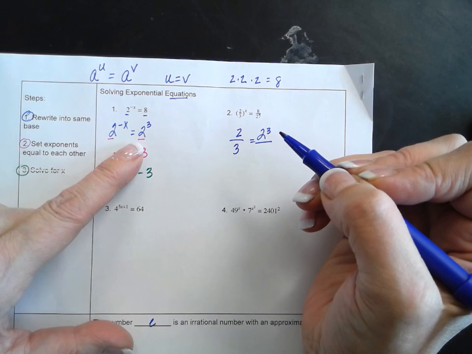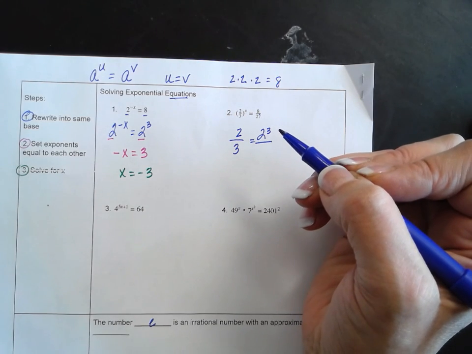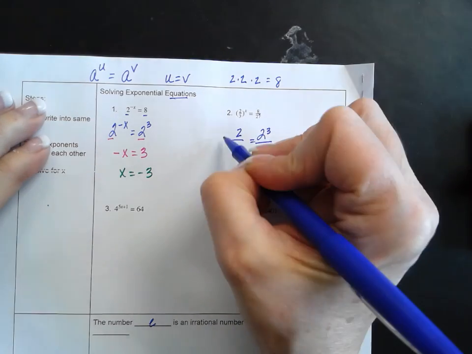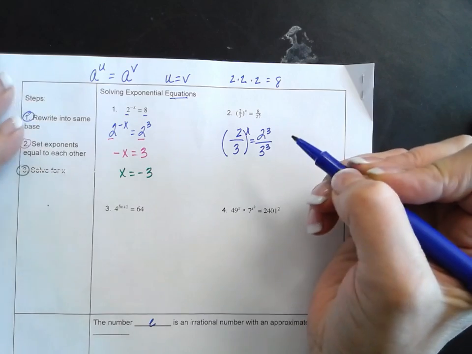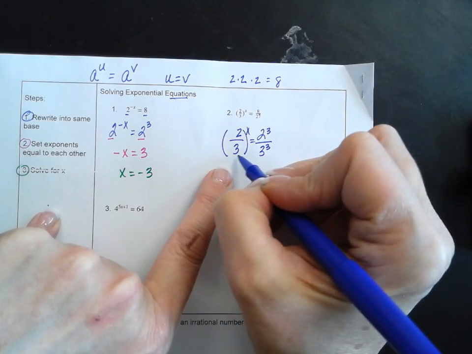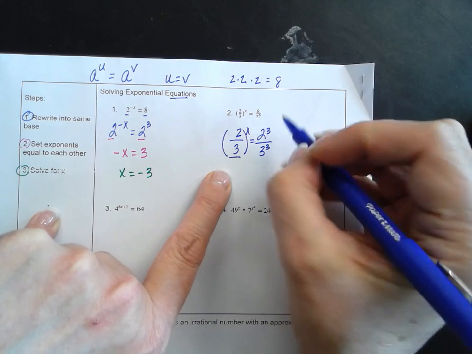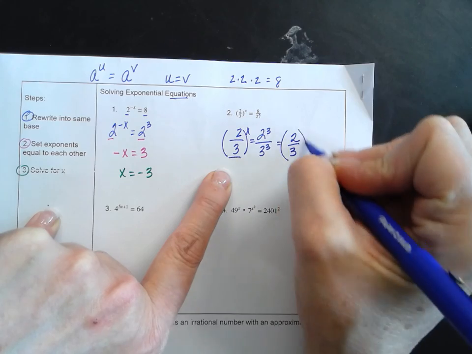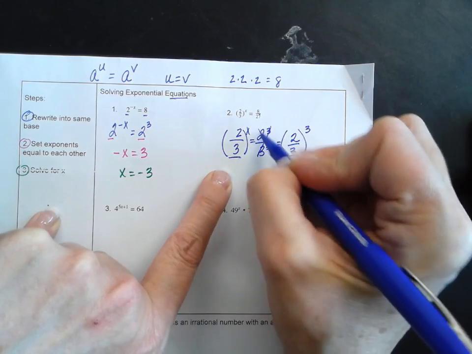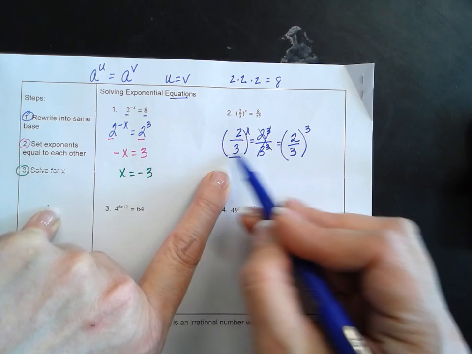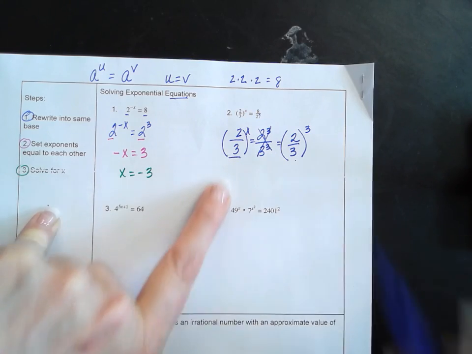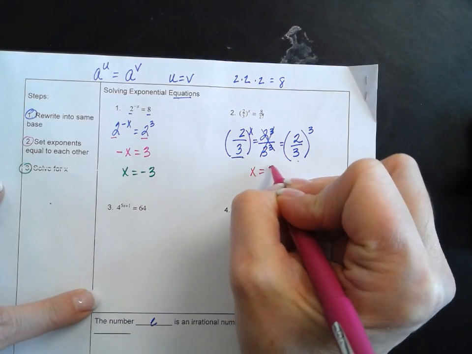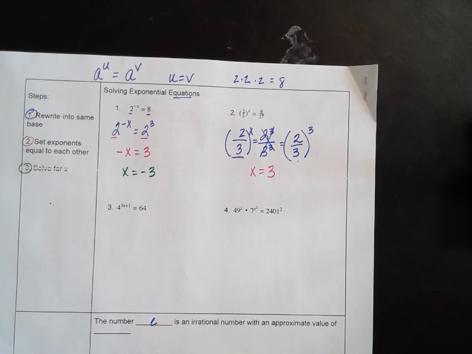How can I rewrite 27 with a base of 3? 3 cubed. All right. And so I need my whole base to be 2/3, so I just rewrite that as 2/3 cubed. Now I have them set with the same base. And so I can just say, hey, x equals 3.